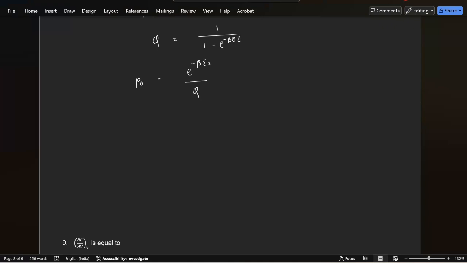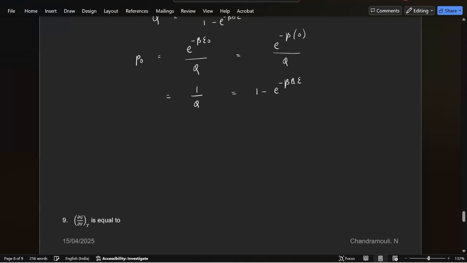Yes. So e^(-beta 0), E0 is 0, divided by Q only. So this is just 1, simply 1. So this is 1 by Q. So what is 1 by Q? It is the inverse of this, so it is 1 minus e^(-beta delta epsilon). Okay.